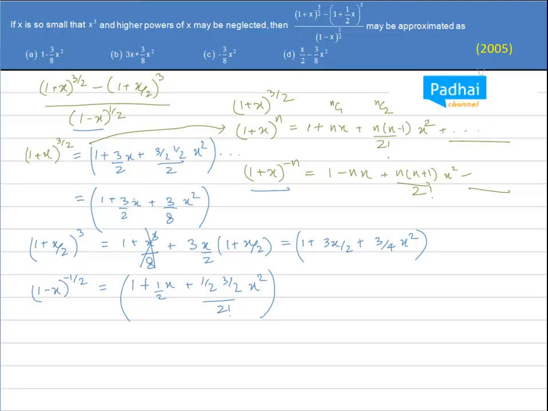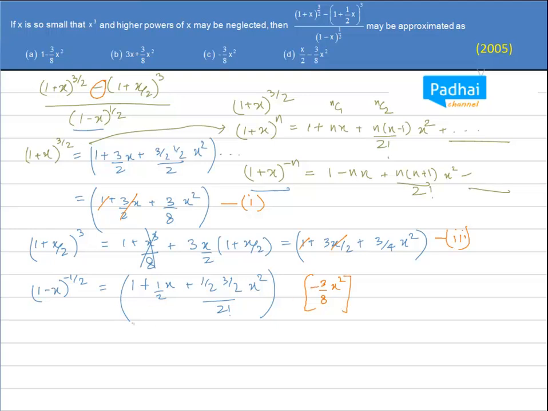So now let's see what it would become. We need to subtract these two because in the question there was a minus sign. If I subtract these two, this and this will get cancelled out, this and this will get cancelled out, and if I subtract this from this, I'll get 3 by 8 of x square, that too with a minus sign, because 3 by 4 is greater than 3 by 8.